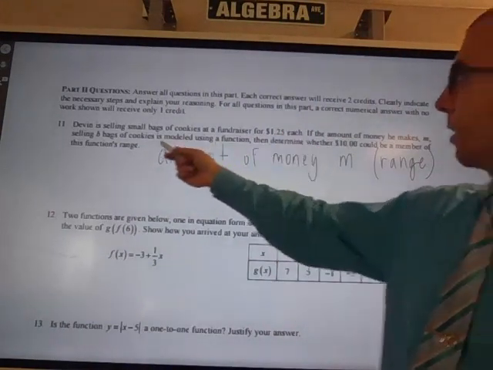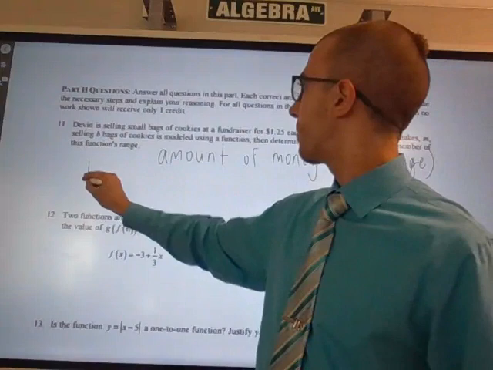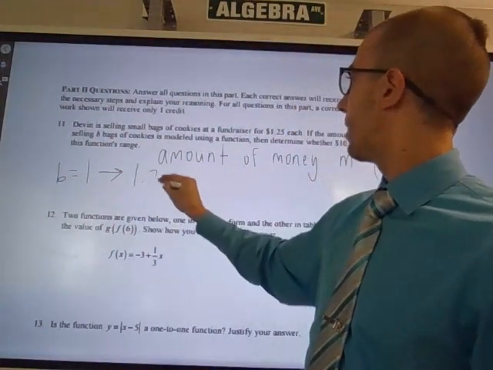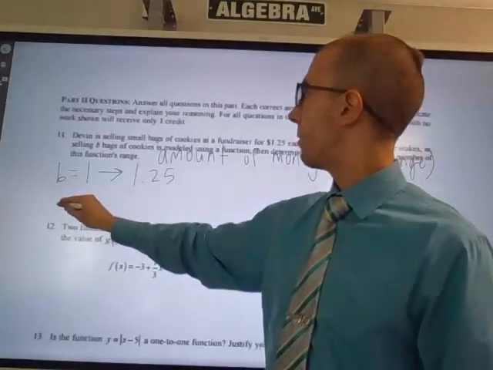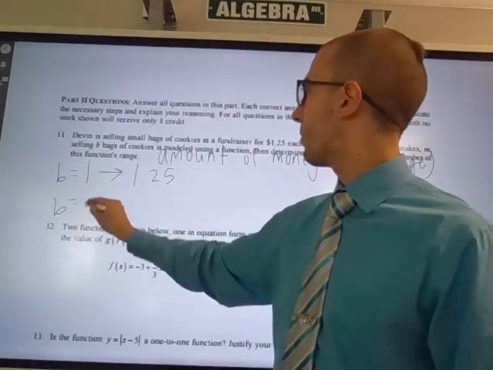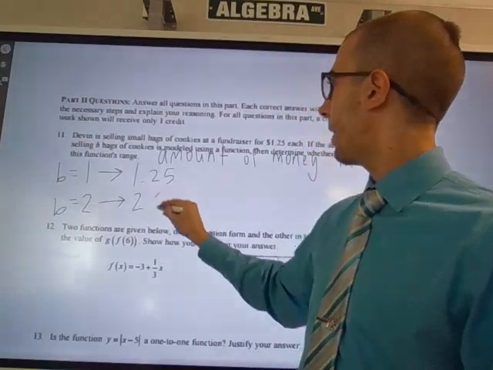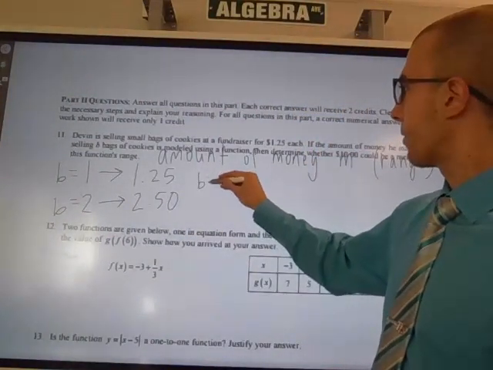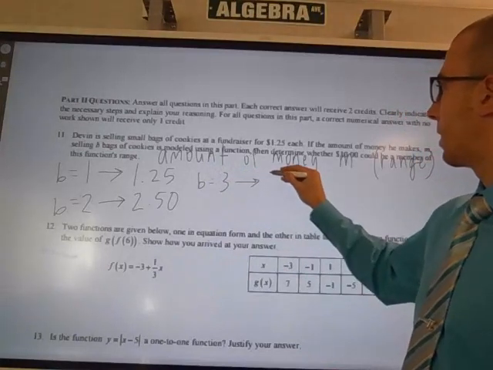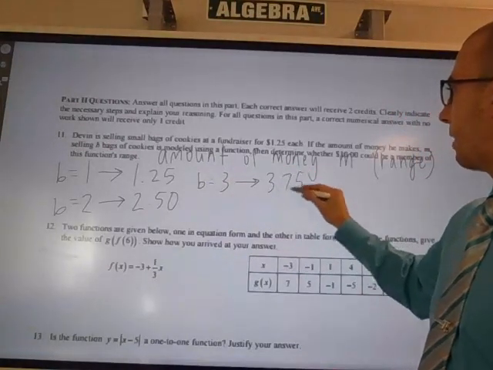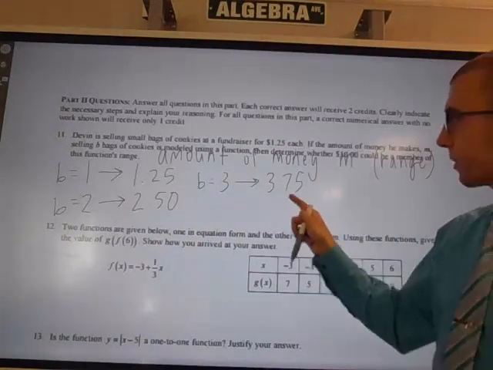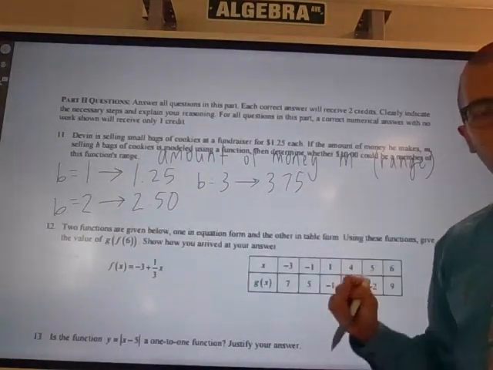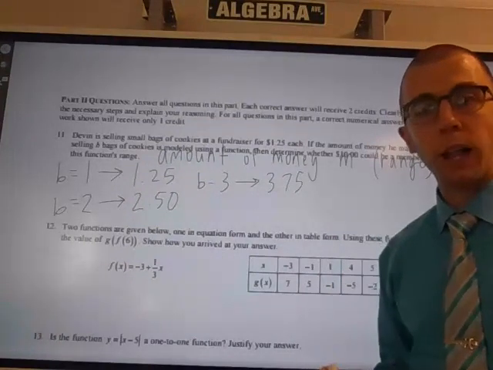Okay, so think, for one bag of cookies, when B equals 1, that means M is 125. When B equals 2, that means M is 250. When B equals 3, M is 375. Okay, so you'll notice as each input goes up, the output is a multiple of $1.25.